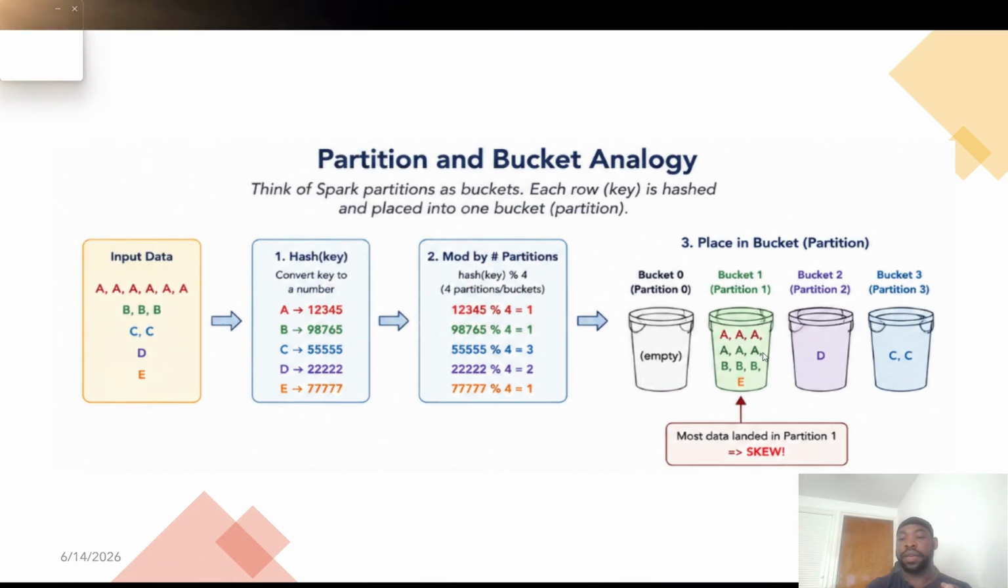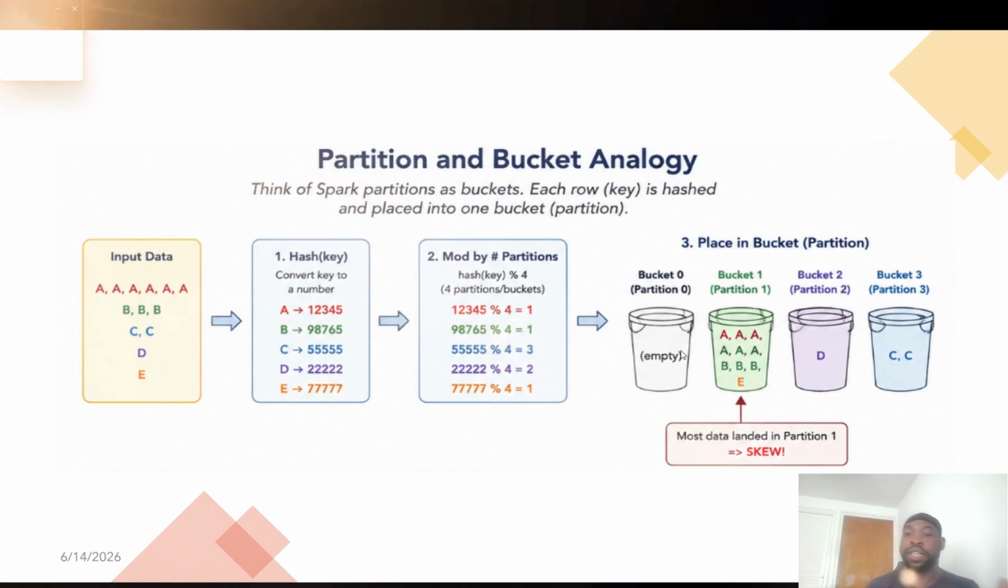So bucket 1 already has 10 records, bucket 2 has 1 record, and bucket 3, partition 3, has 2 records. Now bucket 0 is empty.